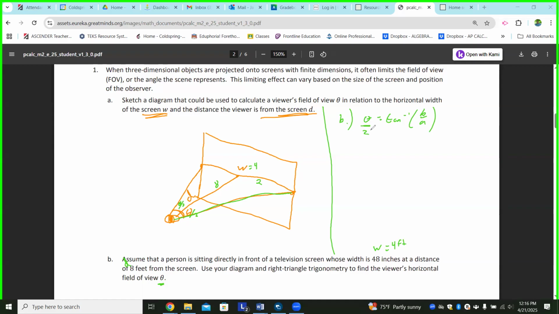Your B and your A are these guys right here, just like we've been doing with our regular vectors, because again, this is the vector that we are looking at. So when we do this, this will give you theta divided by 2, and then tan inverse of B over A. Now, which one's your B and which one's your A? It will matter. What's your change in your Y and what's your change in your X?